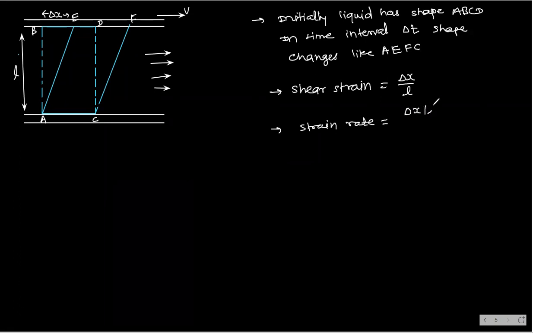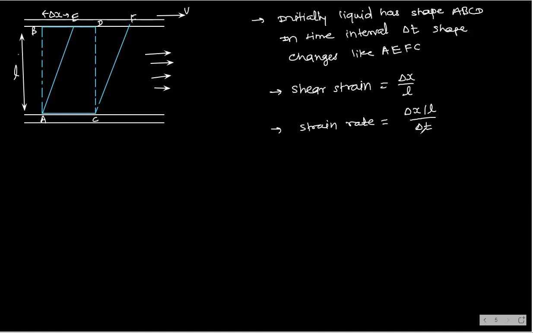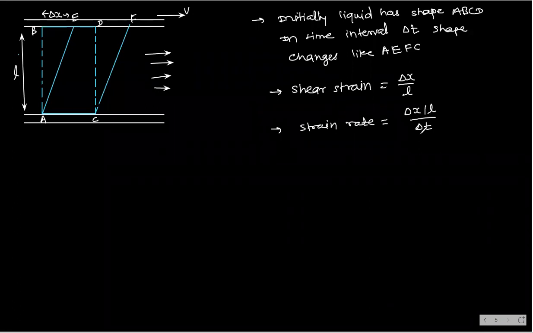Delta X divided by L divided by delta T. That is equal to delta X by L into delta T, which is the strain rate.